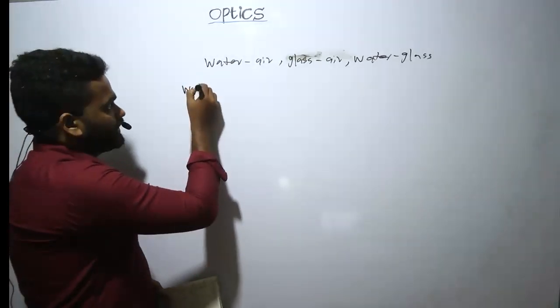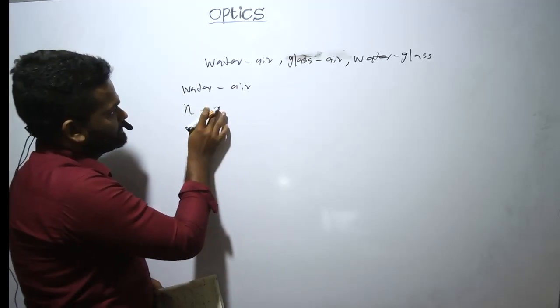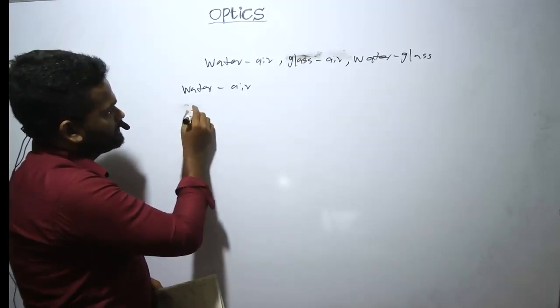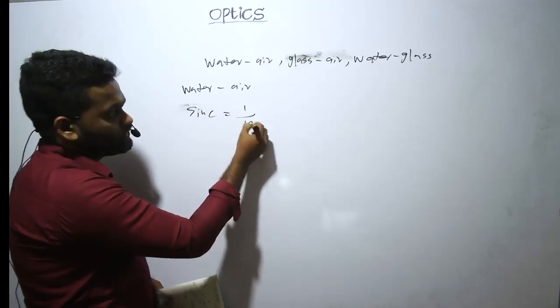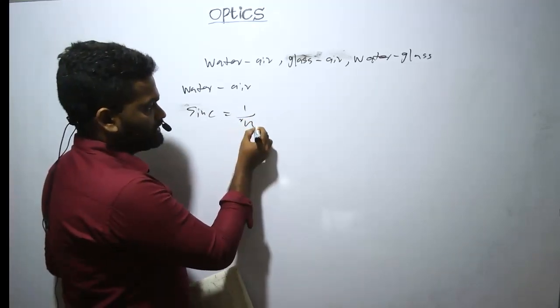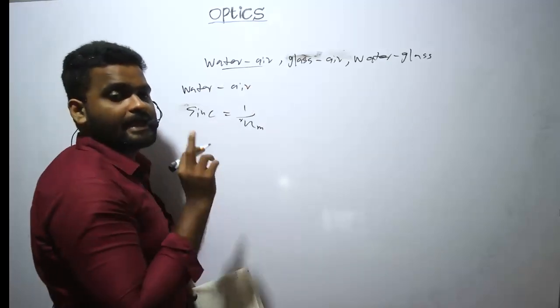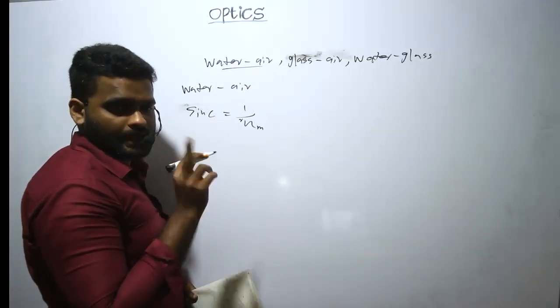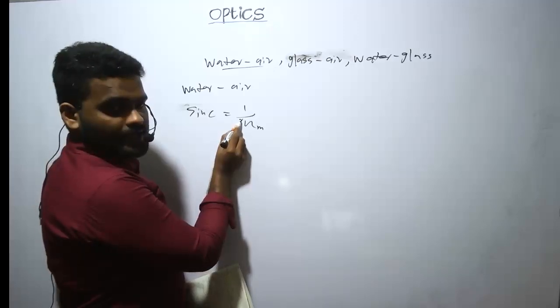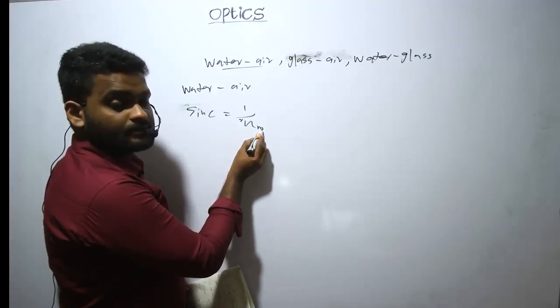Okay, let's find it for water, air first. We know that sine C is equal to 1 over n. When you think about water and air, what is the rare medium? Air. So it is relative to air, the index of water.